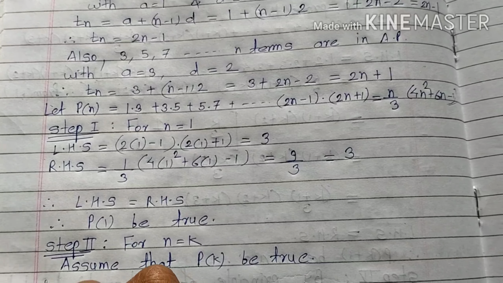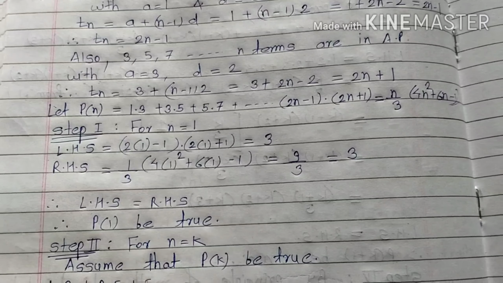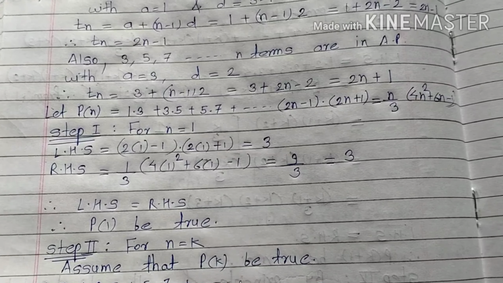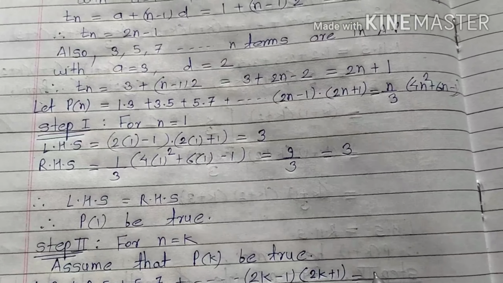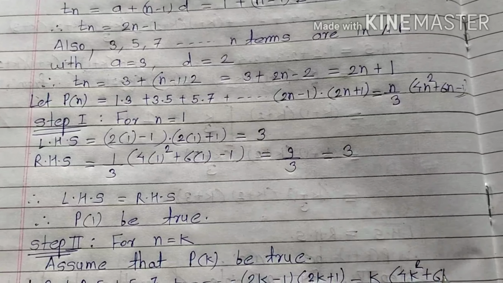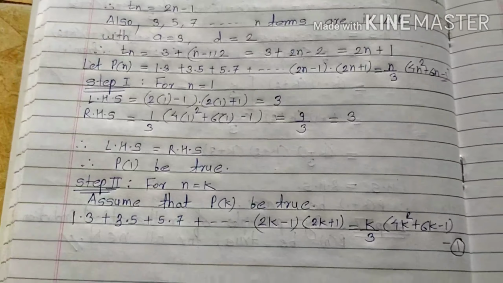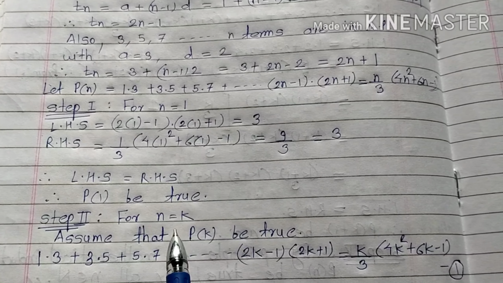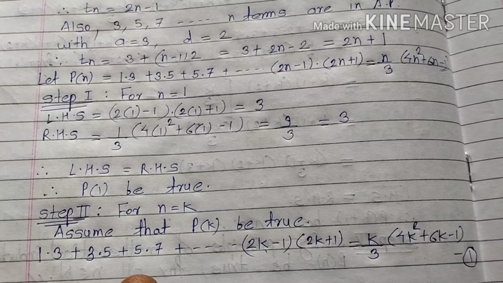So here we assume, that's why we take a term like that, 1.3 plus 3.5 plus 5.7 and so on up to (2k minus 1) and (2k plus 1), which is equal to k upon 3, (4k square plus 6k minus 1), and give it equation first. Now you can observe that we take here k instead of n. So next, step third.